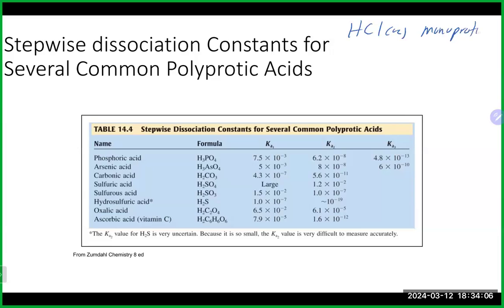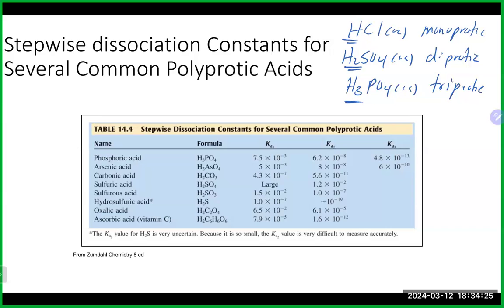It's got one H to give. H2SO4 is a diprotic acid. It's got 2 hydrogens to give. And something like our friend phosphoric acid is a triprotic acid. It has 3 hydrogens to give.